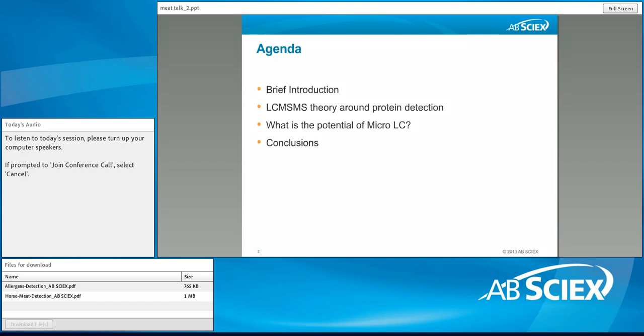And then I would like to discuss what the potential of micro-LC is in this area, which is a new LC technique which has probably been around for a couple of years, but it's now become commercially available with specific micro-LC instruments on the market. And finally, I'd like to discuss some conclusions I can make from this work, which is the start of a series of applications that I'll be working on in meat speciation.